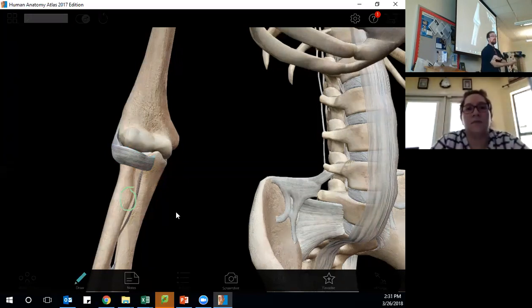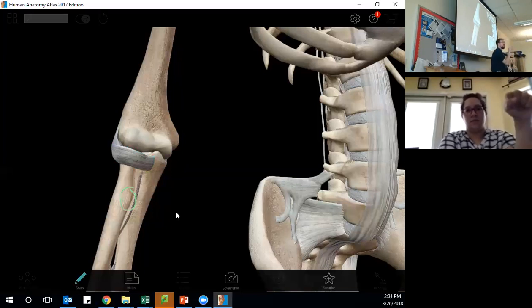All right, so palpate down. I want you to hold that biceps brachii, go into flexion, tighten up, and then supinate. And you will feel ever so slightly a little bit more contraction, a little bit more definition come in. Biceps brachii assists with supination.